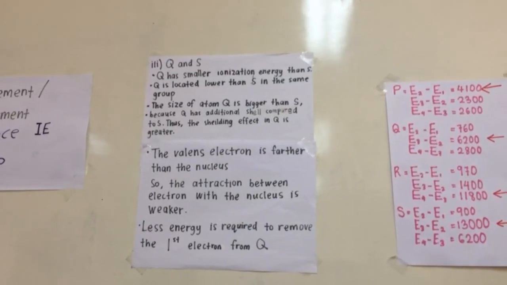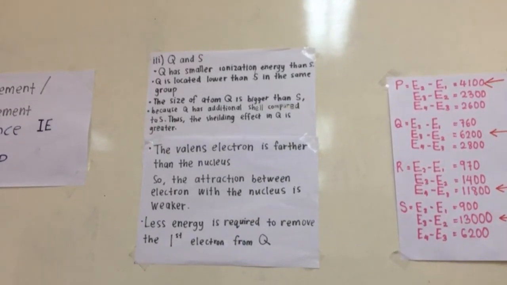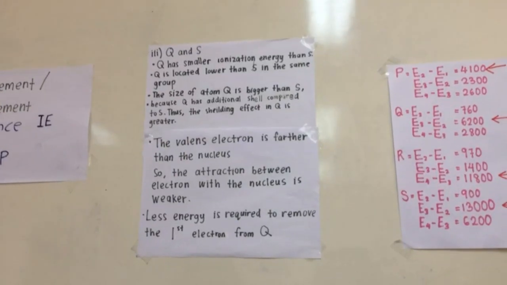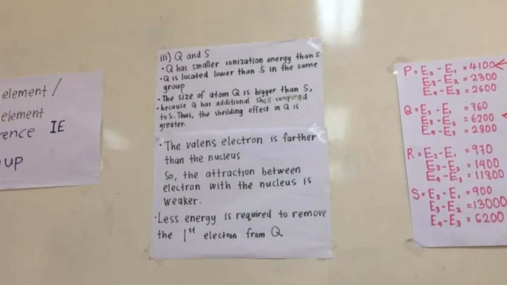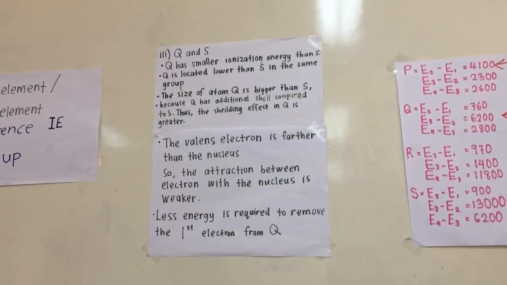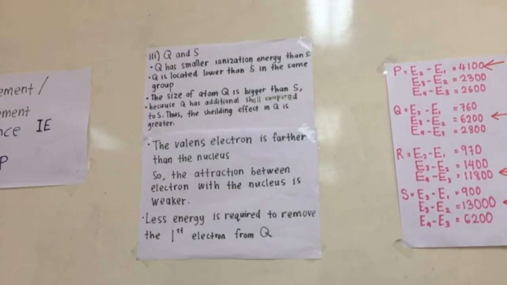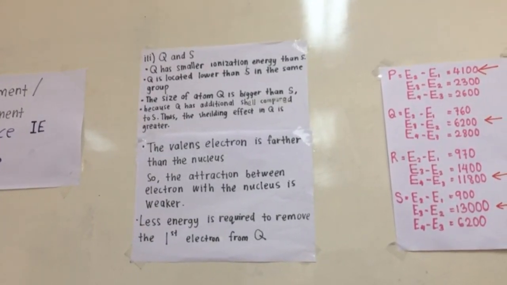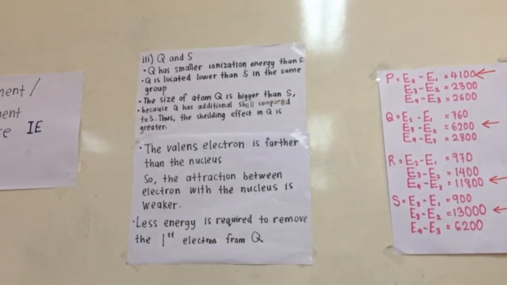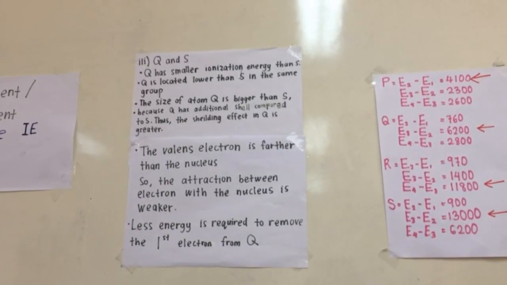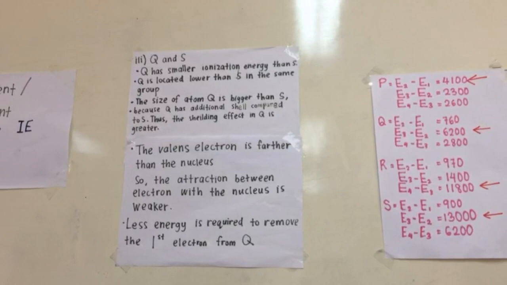From the table, we can find out that Q and S are from the same group. Q has a smaller first ionization energy than S because Q is located lower than S in the same group.